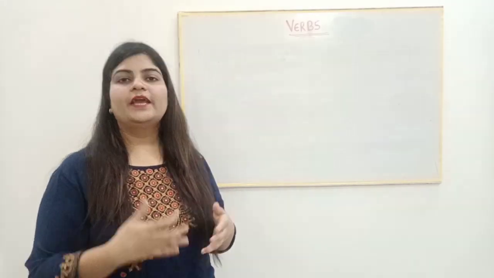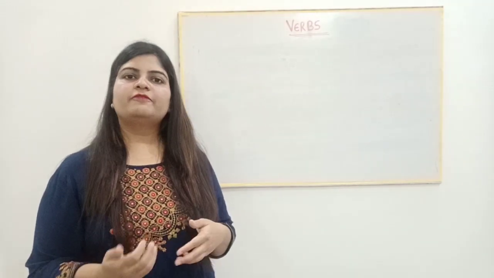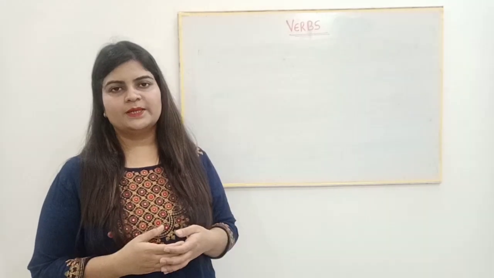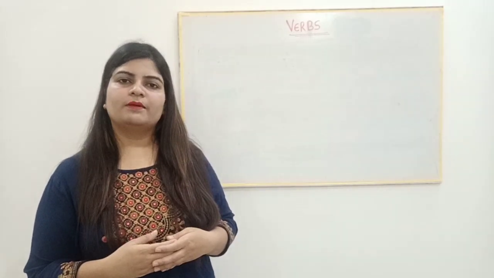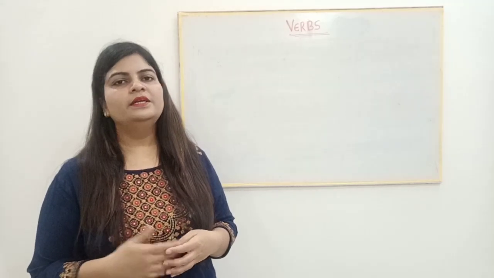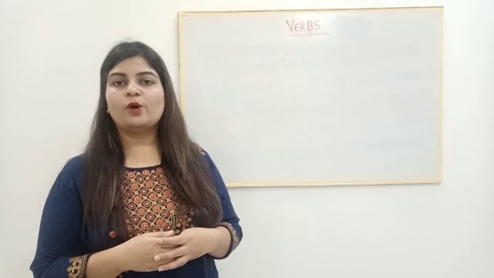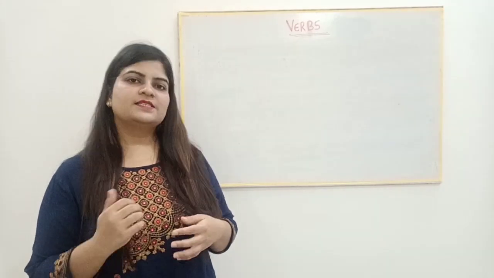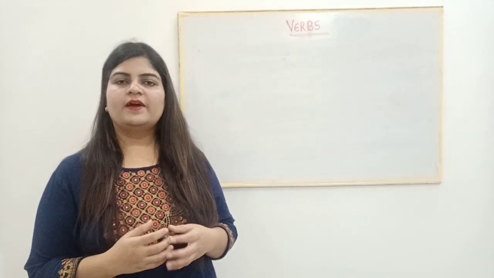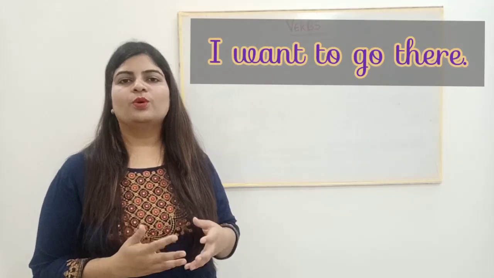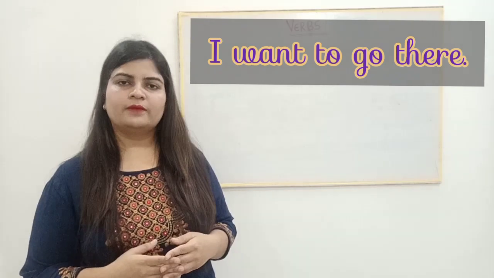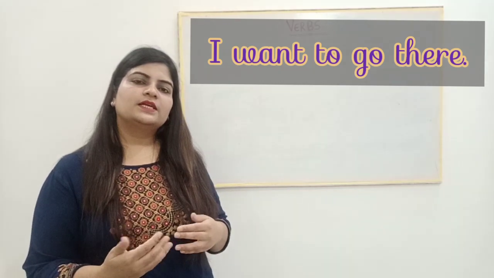Next, infinite verbs. Infinite verbs are those verbs which do not change themselves by any change in the number of subject or the type of subject. Also, they don't have any tense marker. Let's take an example. If I say, I want to go there. Now, we will take the verb go. Okay. Let's change the sentence.